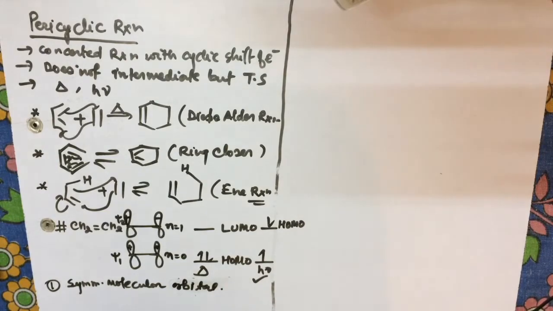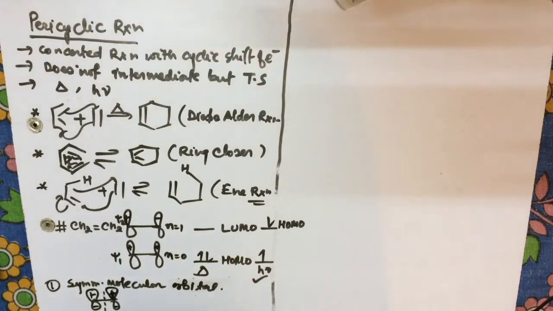For the other, if you draw this, M means mirror plane, so this will be minus, this will be minus, and this will be plus, this will also be plus.